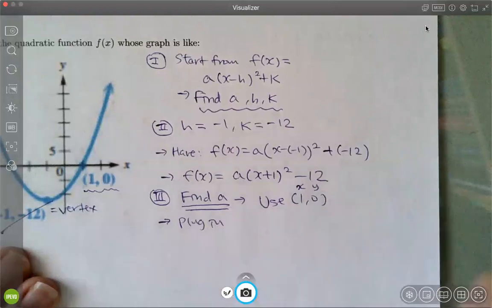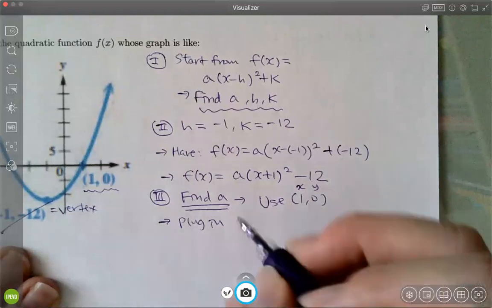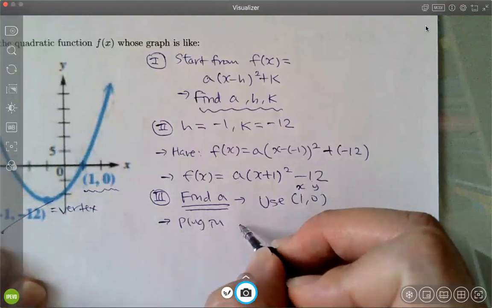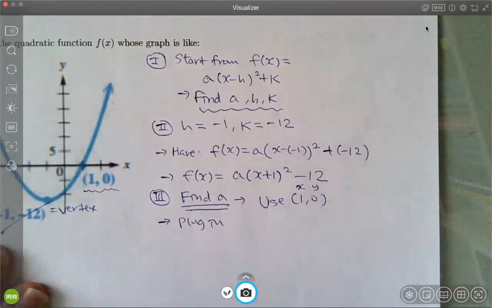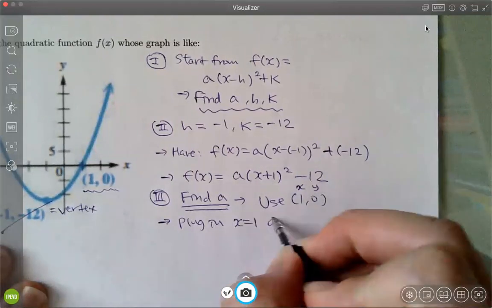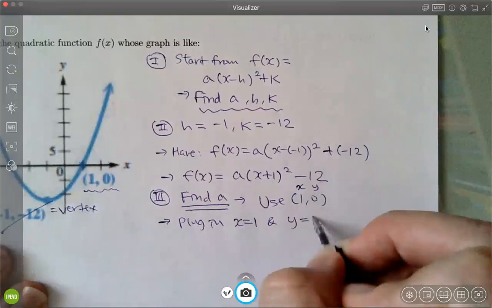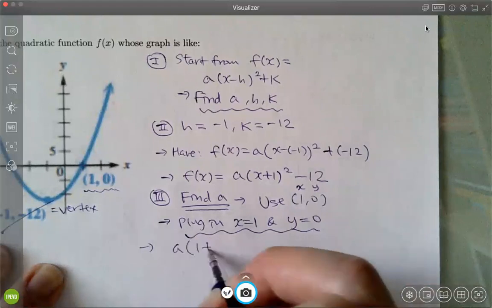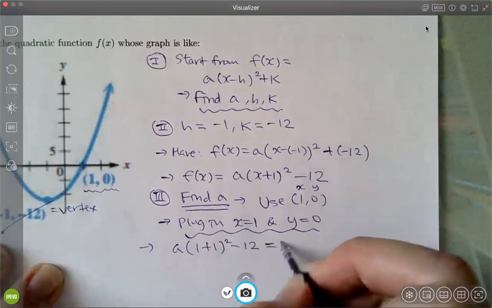Plug in what into where? 1 into x, because a is the unknown that we are trying to find. And set the whole thing equal to what? 0, yes. Okay, so what does that mean? a times (1 plus 1) squared minus 12 is equal to 0.